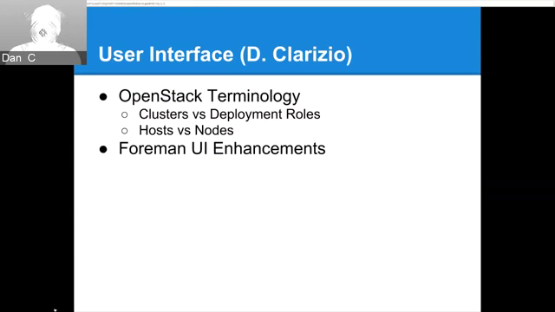So what we've done is added some logic to the UI to show them properly, and when both exist, to show that properly as well. So I've got some screenshots of that. And then we were able to squeeze in some enhancements to the Foreman backend, and the UI is showing some of those as well. So I have some screenshots of those. And next slide.